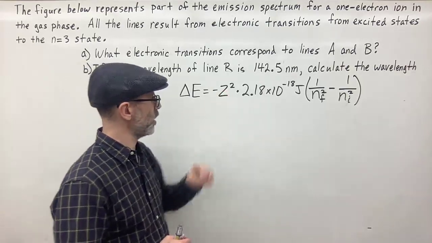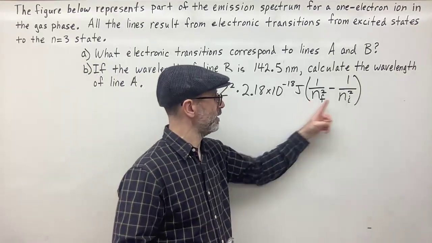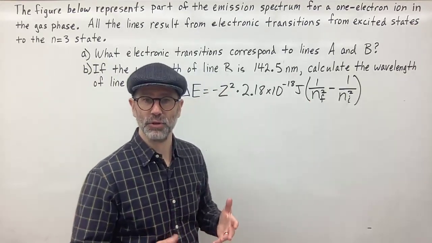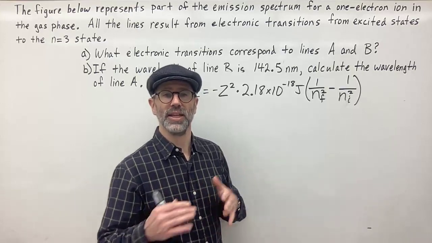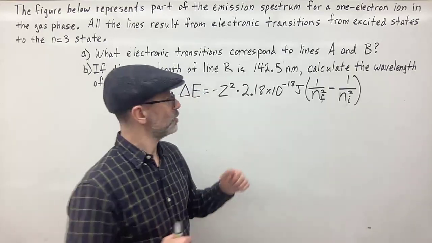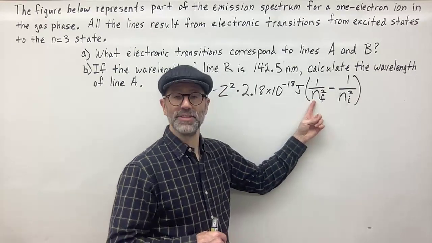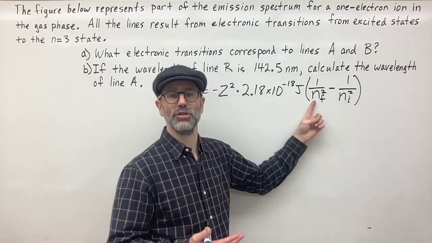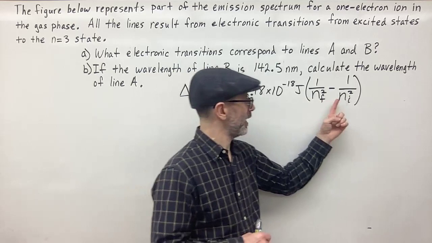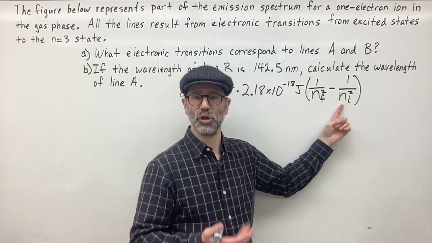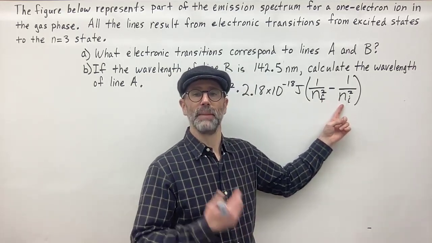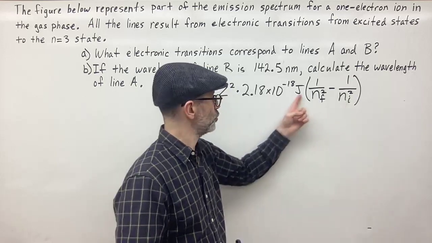And so that's squared. N is representing the energy levels between which the electron is transitioning. So the NF is the final energy level that the electron ends up at, and NI is the initial or starting energy level that it begins at. And so they're squared.